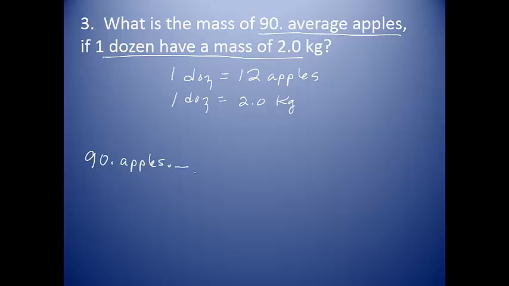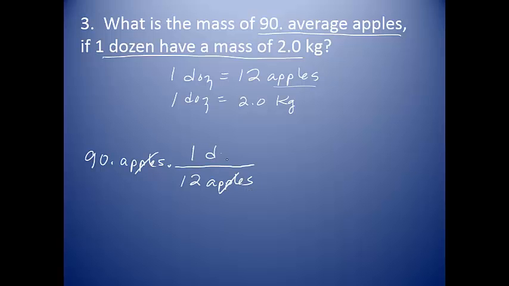So we have 90 apples. Now, of these two conversions, we need to pick which one would be the most useful right now. The only one that has apples in it that we could put into our conversion bar here is the 12 apples. And that would need to go on the bottom so that apples will cancel.